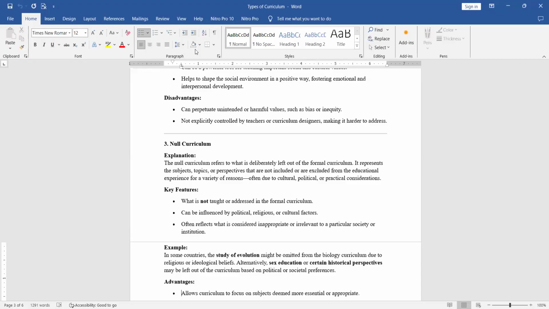Sumaya, do you have a subject called dance? Is it allowed? No, ma'am. So it's deliberately left out. Am I right? Yes, ma'am. So that is null curriculum for you. That is deliberately left out of the formal curriculum due to cultural, social, and religious beliefs. That is null curriculum. Okay.